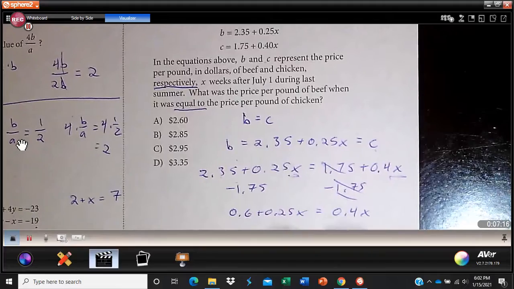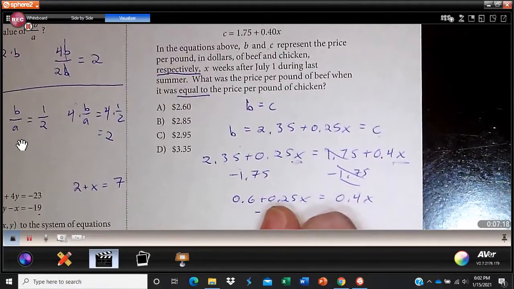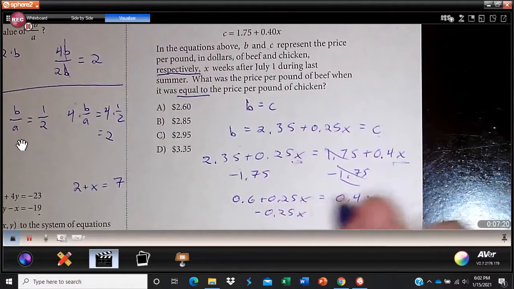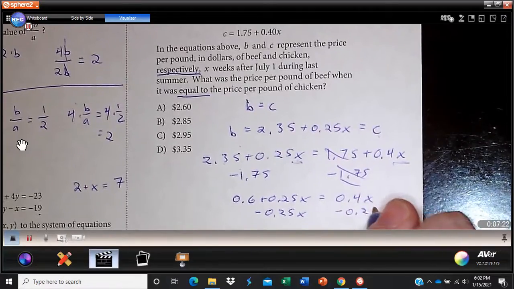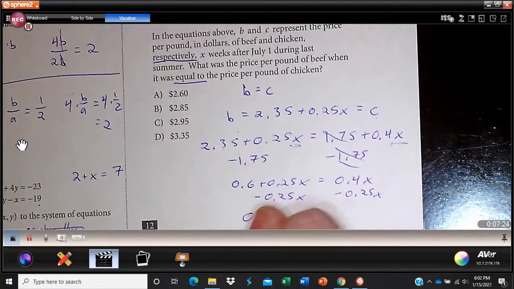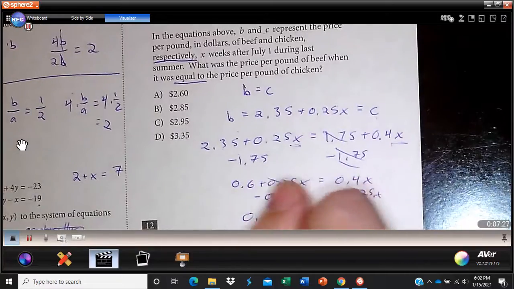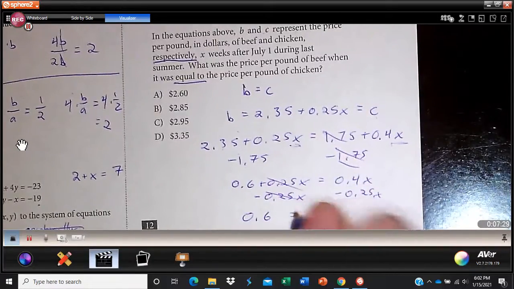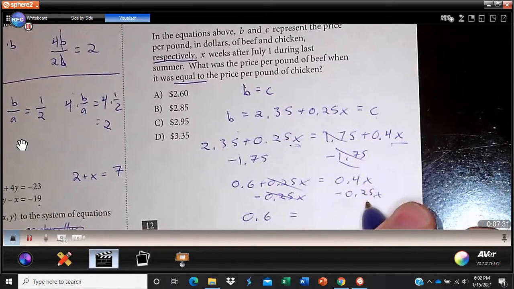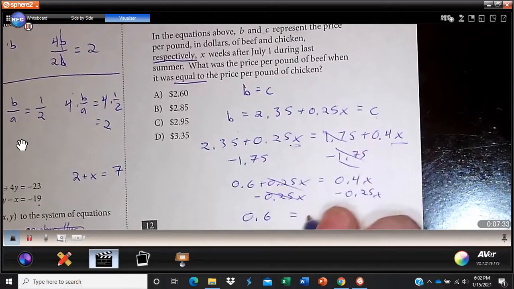And now I want to subtract 0.25x from the left-hand side and from the right-hand side. And the 0.6 is going to stay there, but the x's are going to go away. And that's going to be 0.4 minus 0.25 is 0.15.